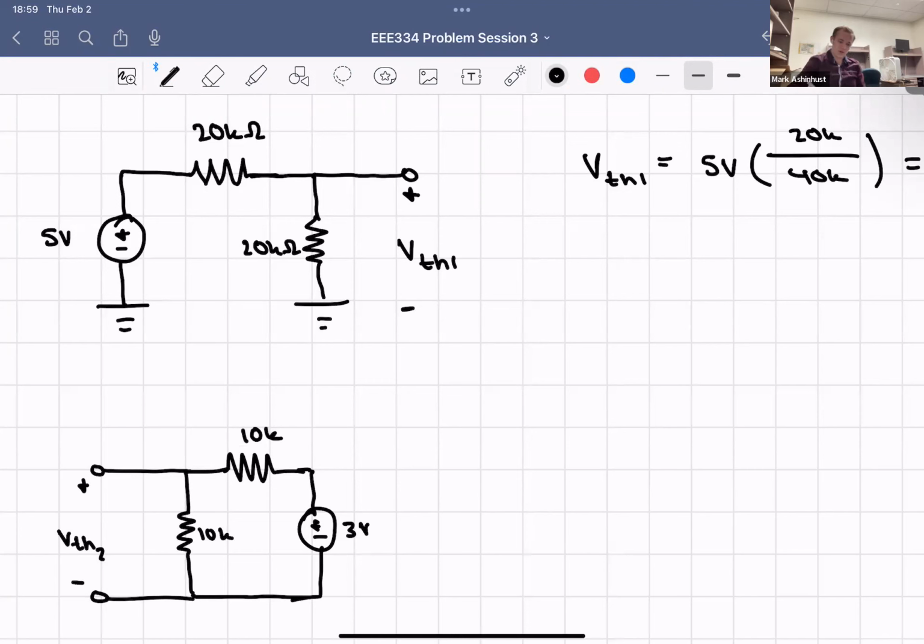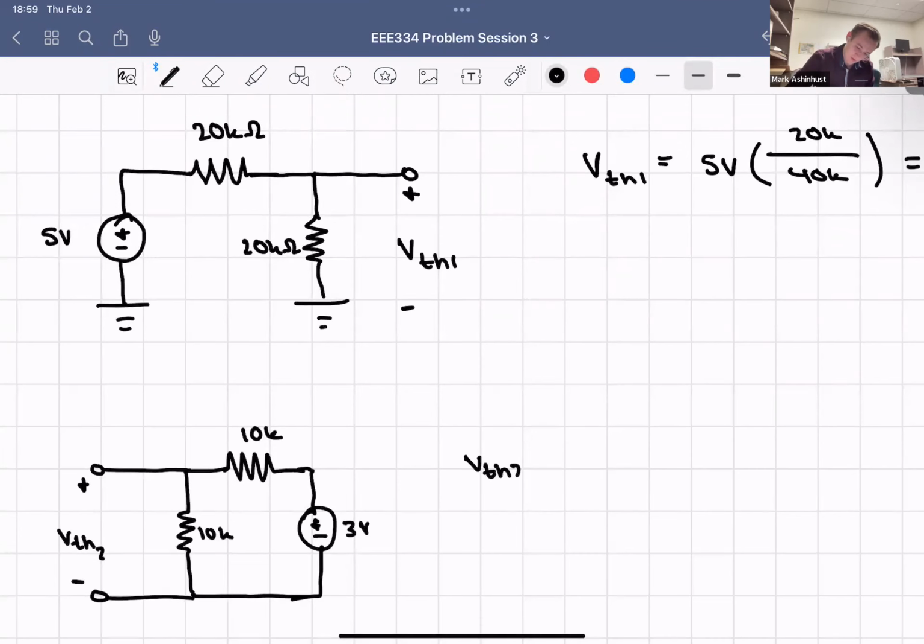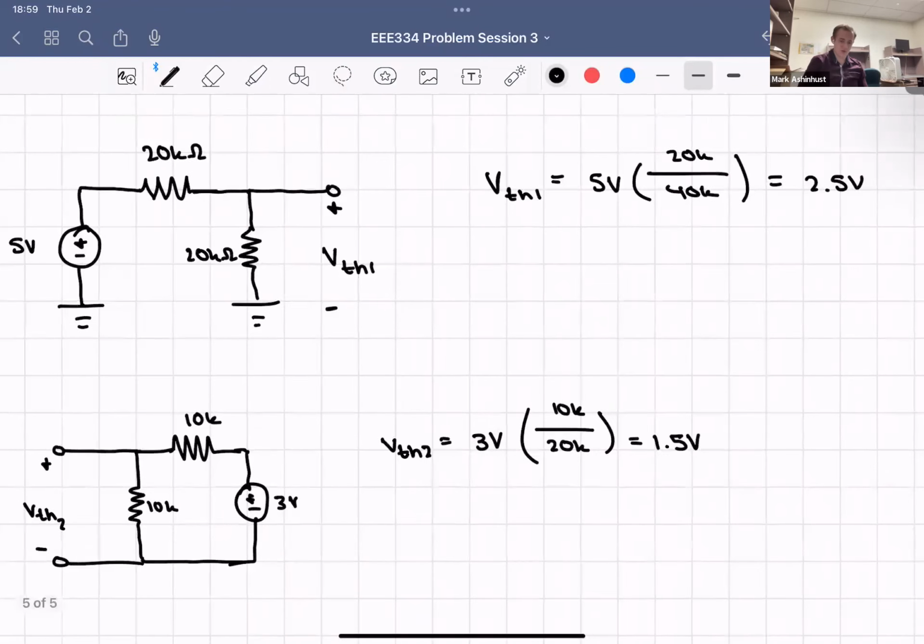$10K, do the same exact thing. So VTH2 is going to be 3 volts times 10K over 20K, equals 1.5 volts. So now we have VTH1 equals 2.5 volts, and VTH2 equals 1.5 volts.